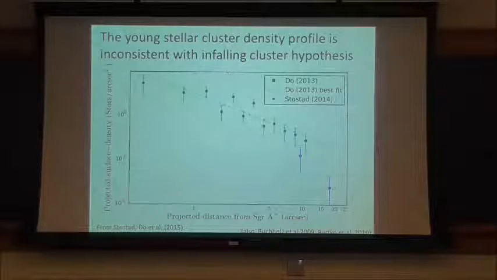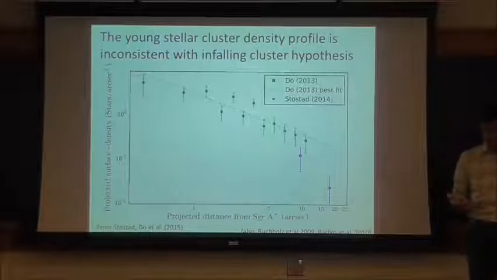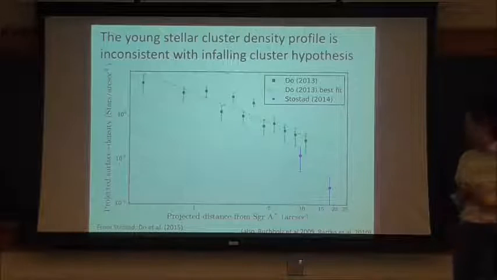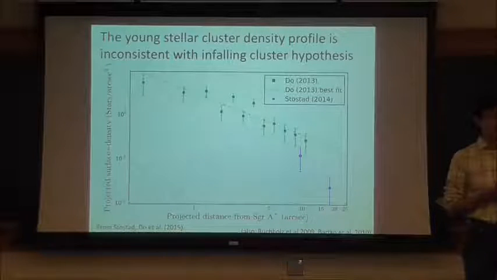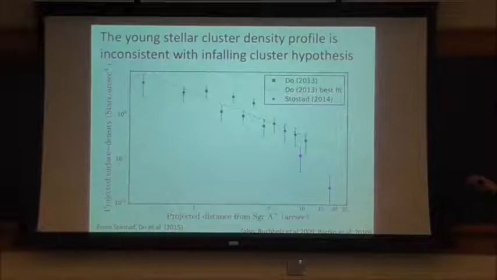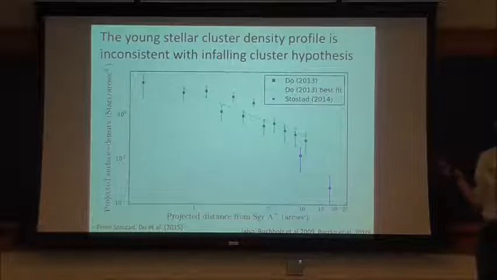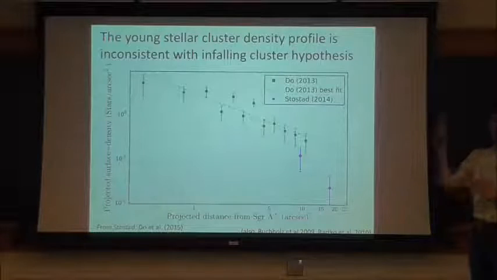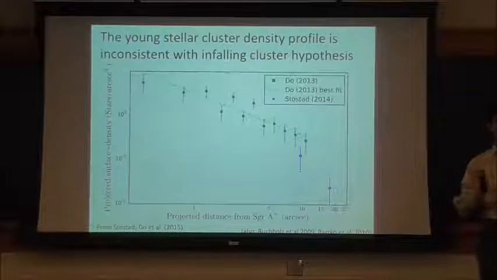The other thing you could do, which is a little simpler than doing the mass function, is to look at the density profile. This is basically the surface density of young stars as a function of projected distance. One of the surprising things, which we didn't realize until this year with really enough radio coverage, is that the star cluster abruptly truncates at half a parsec.